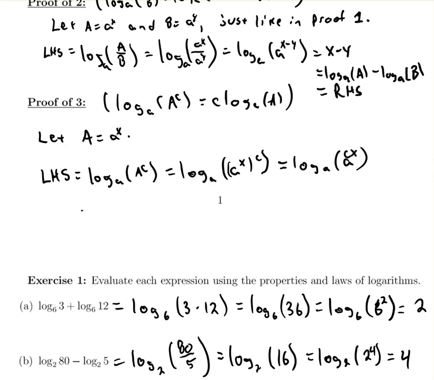So this just leaves me with c times x. But for the same reason as the two things above, when I take my big A equal to little a to the x and write that in logarithmic form, that gives me back log base a of big A, leaving me with the right-hand side of my equation, proving the third law.